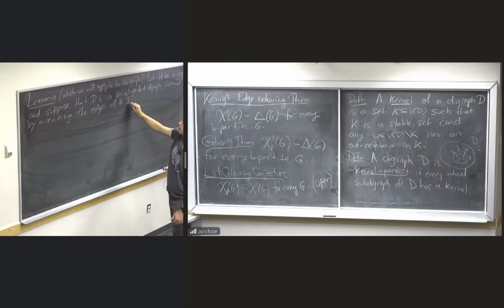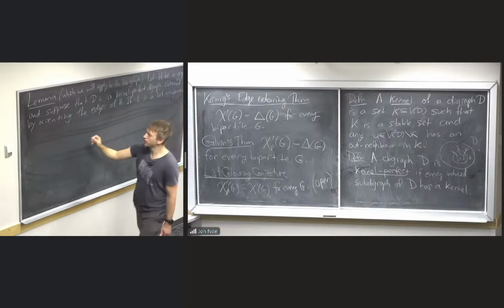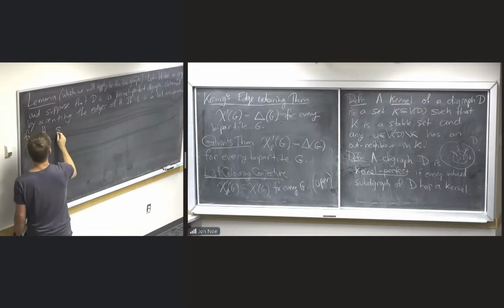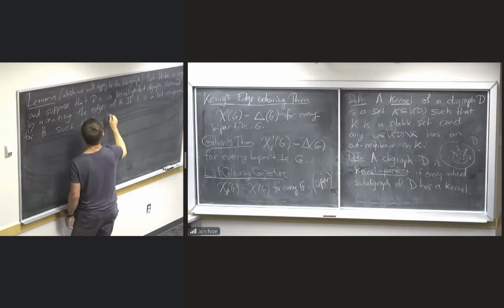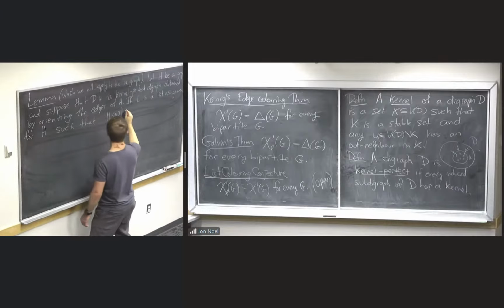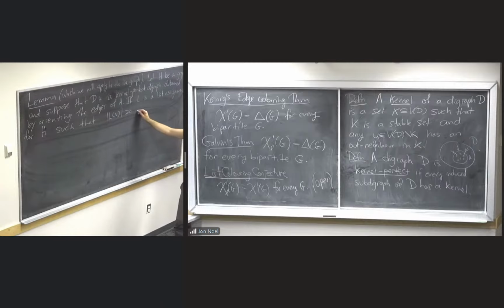So if L is a list assignment for H such that the list of every vertex is at least the out degree, I'll write that as deg plus for the out degree, the number of edges pointing out of the vertex, plus 1 for all vertices of H, then H has an L coloring.